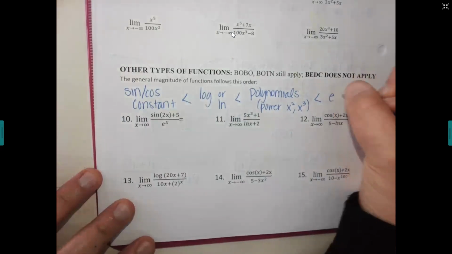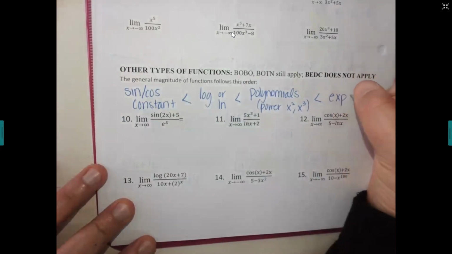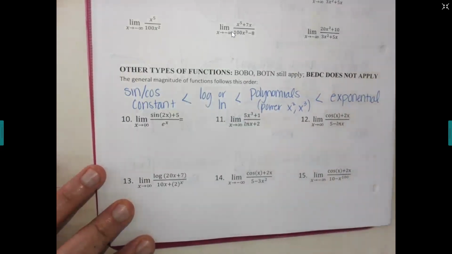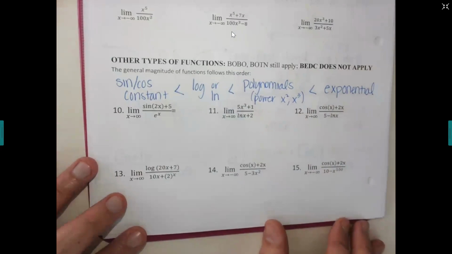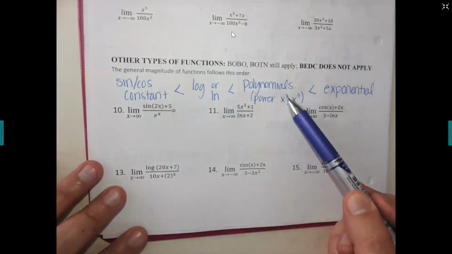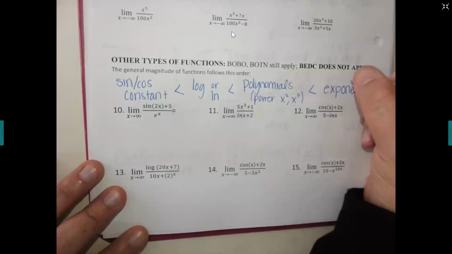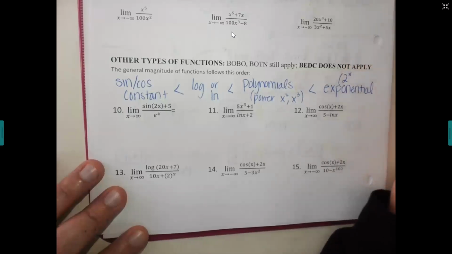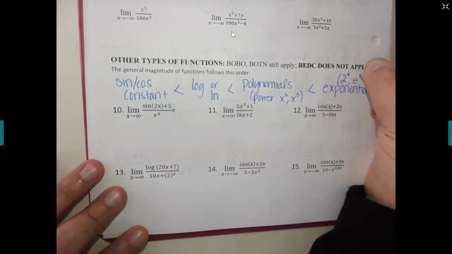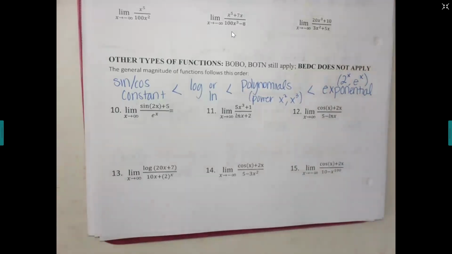The difference between a polynomial or a power and an exponential is where the x is. For a power, it's x squared, and an exponential would be like 2 to the x or e to the x. Do you see the difference, that for an exponential, your x is the exponent, versus for a power, your x is the base? Are we all good with that?